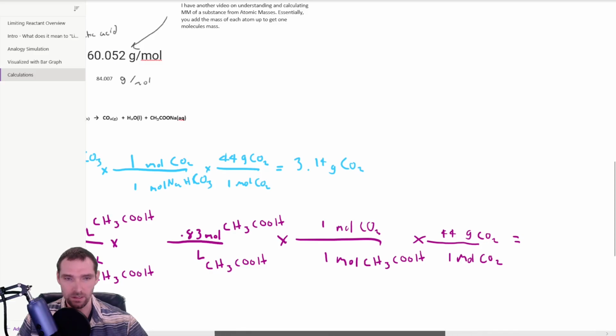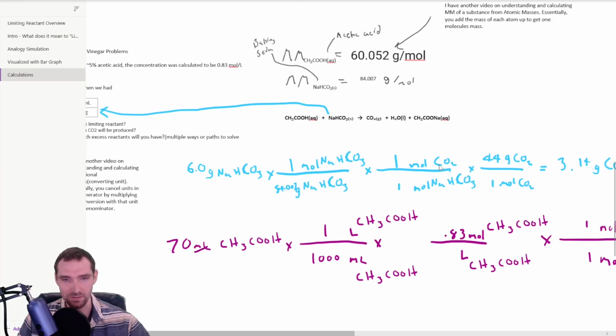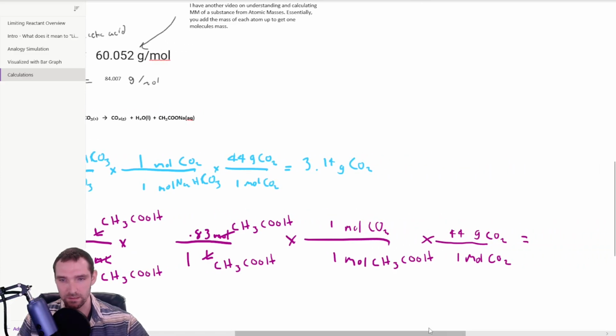And all the units should cancel out. I suppose I should be canceling out my units, right? And this is 1 liter to that, and then that cancels out here, and there, and there, and we're left with just grams.